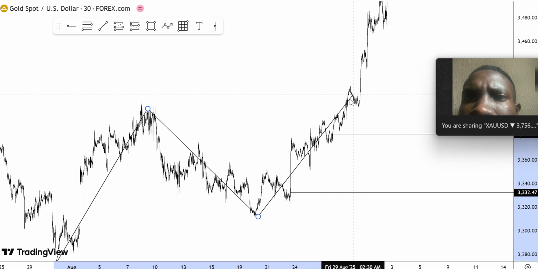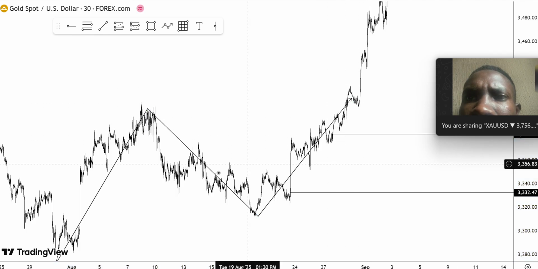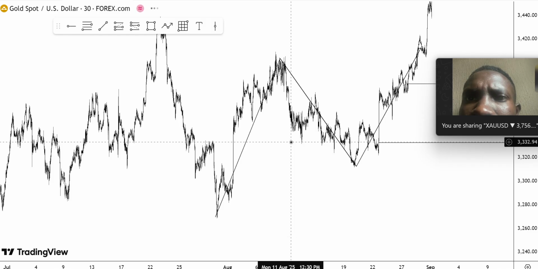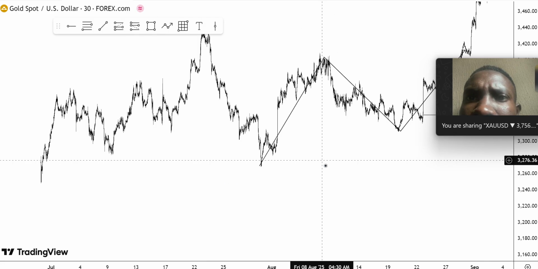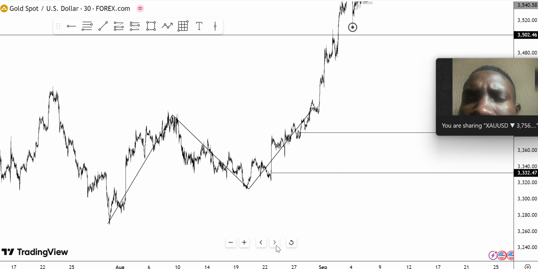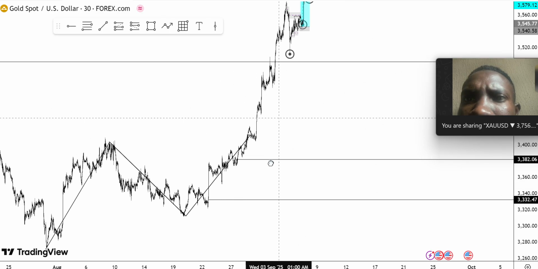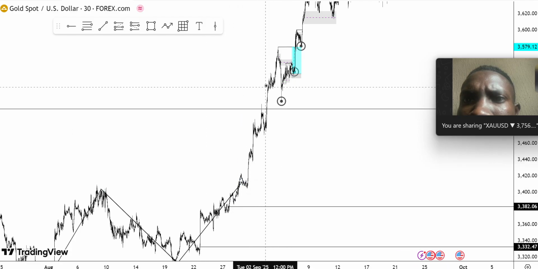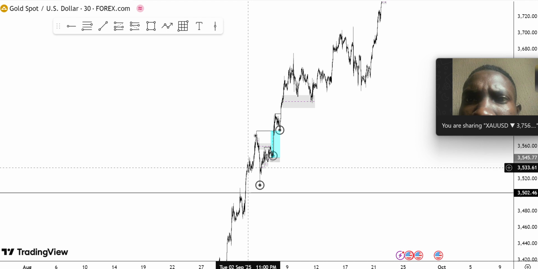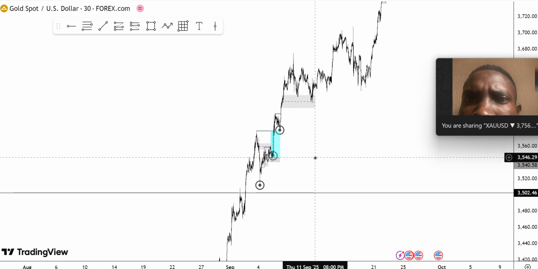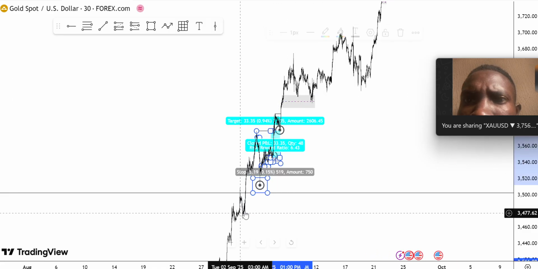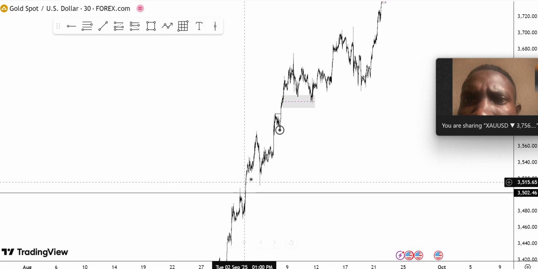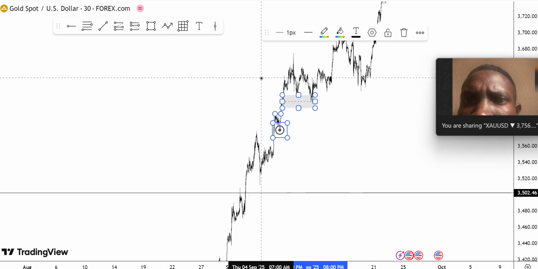So we went like this. If at any point it had occurred that as price went here, it just started going up and going up and going up. So price was going up from there.